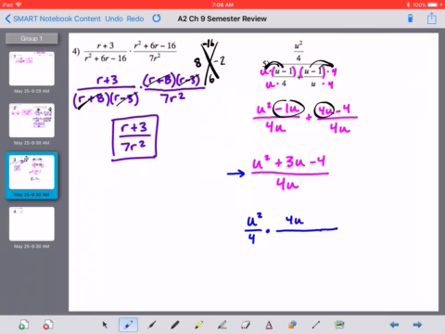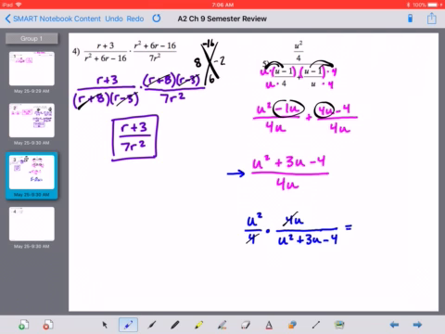So we put the 4u in the top, and the u squared plus 3u minus 4 goes in the bottom. And I don't see a whole lot that's going to cancel here. It looks like the only thing that cancels out in this problem would be these 4s.